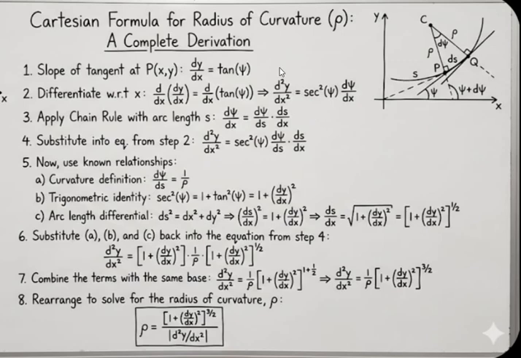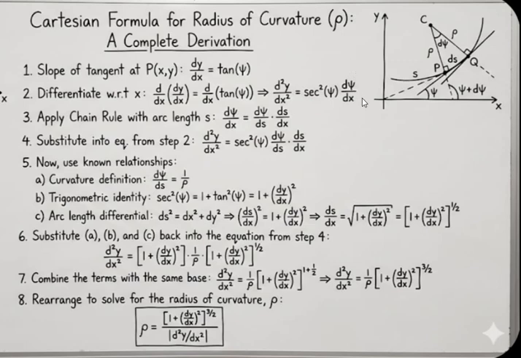Based on the angle psi with the x-axis, dy by dx is equal to tan psi. If you differentiate it again with respect to x, we get d square y by dx square is equal to sec square psi into d psi by dx.